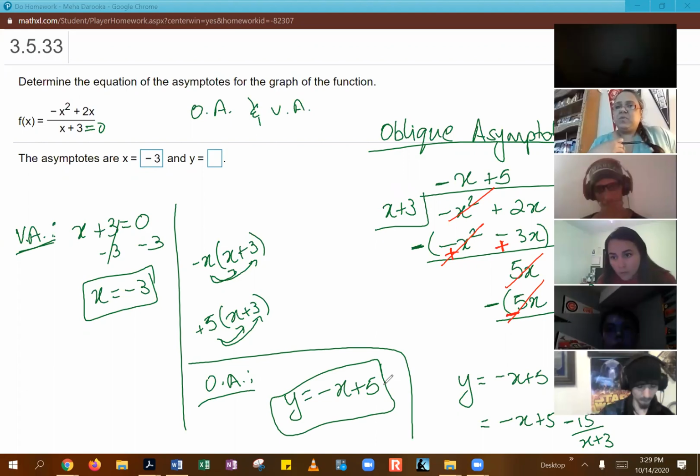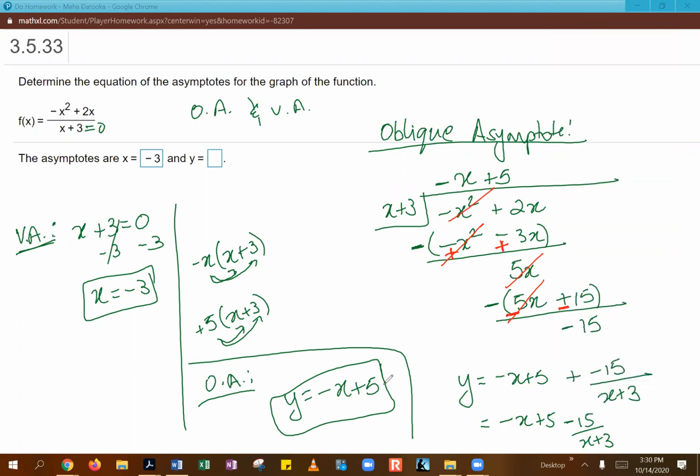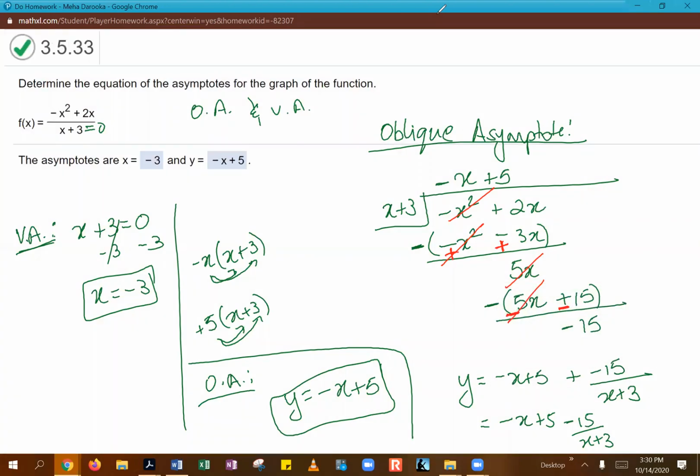It's always going to be y equals whatever quotient you get from performing this division. So we'll go ahead and type that in. Negative x plus 5, and then we can check our answer. And there you go.